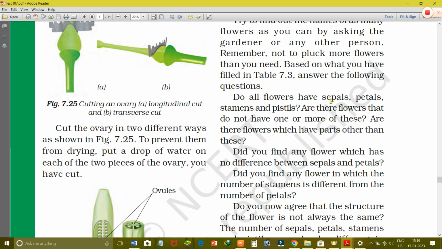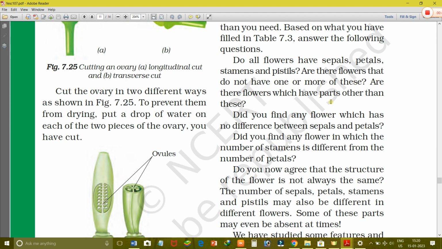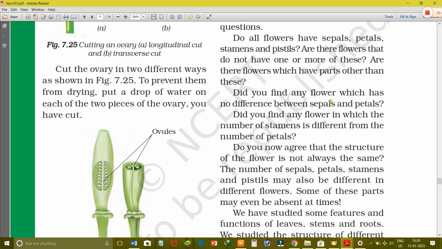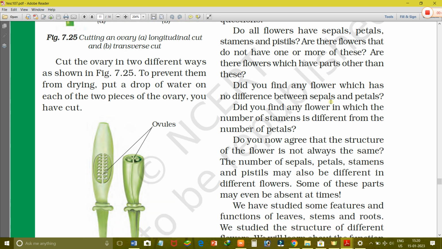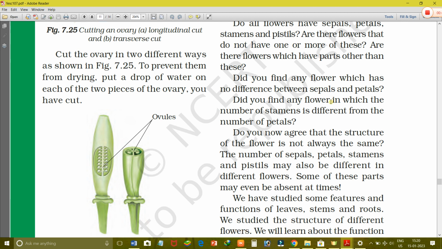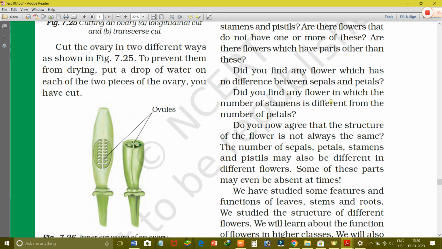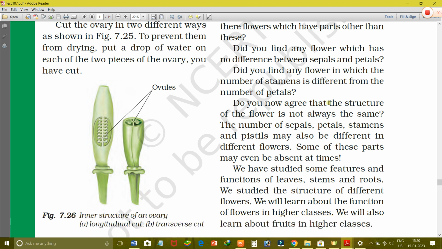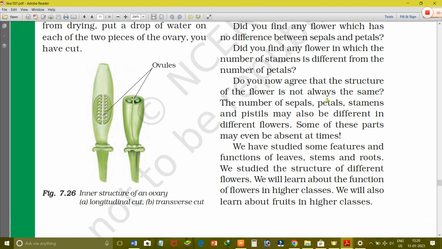Answer the following questions. Do all flowers have sepal, petal, stamen, and pistil? Are there flowers that do not have one or more of these? Are there flowers which have parts other than these?